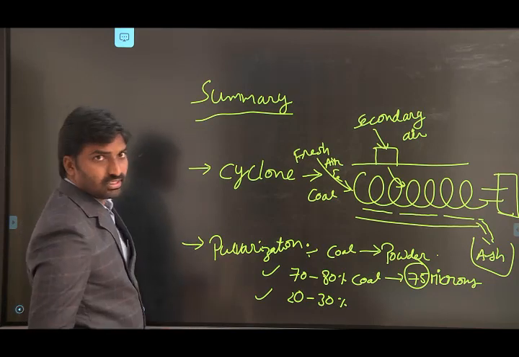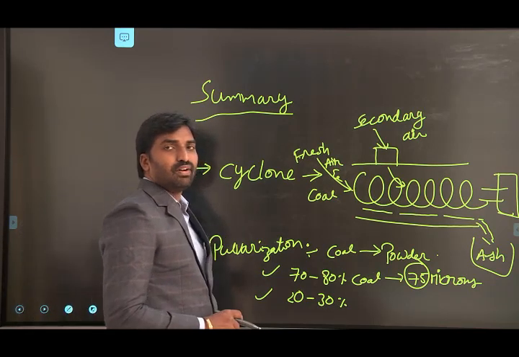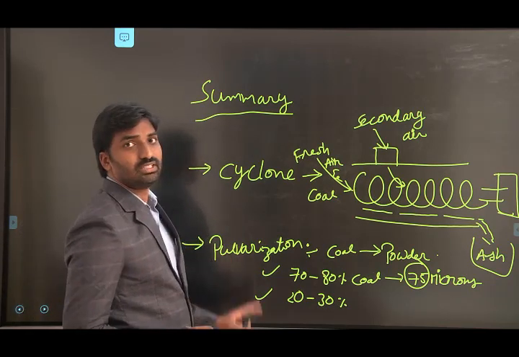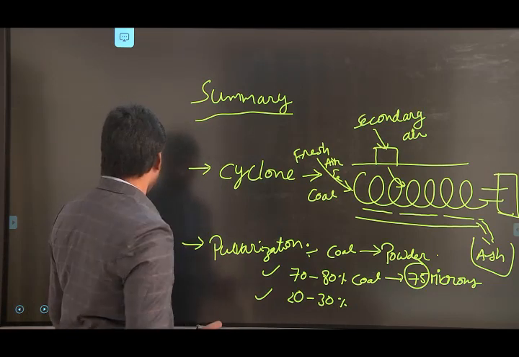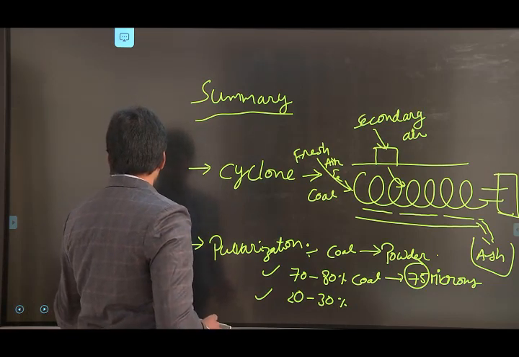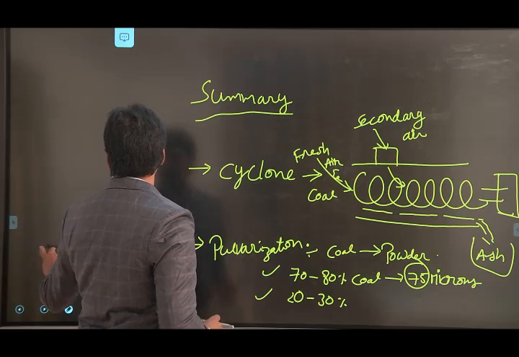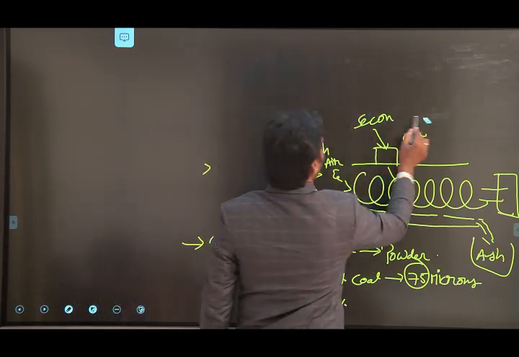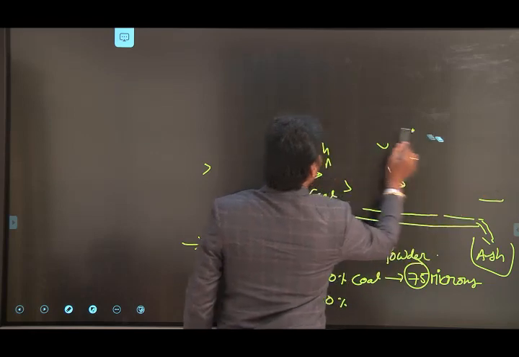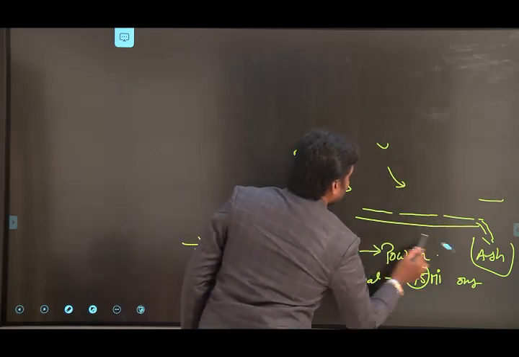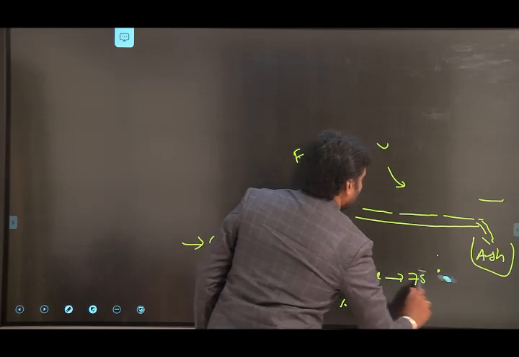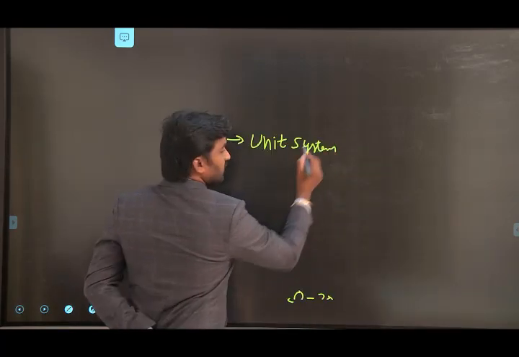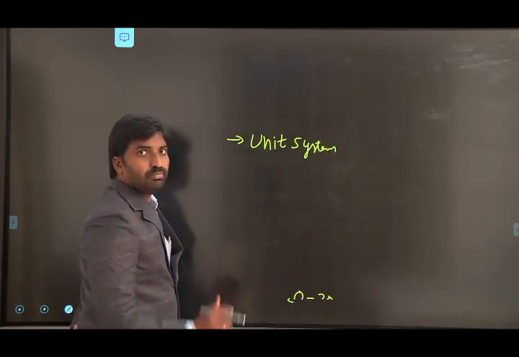Also, we are discussing the types of pulverization techniques. So what are the different types of pulverization techniques? In the pulverization method, two types are available. One is the unit system, and the second one is the central or bin system.